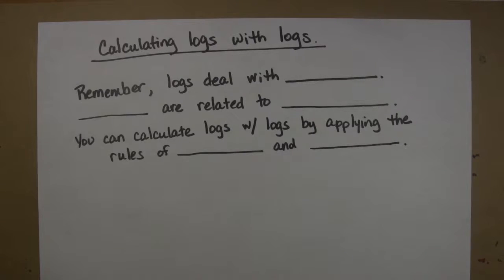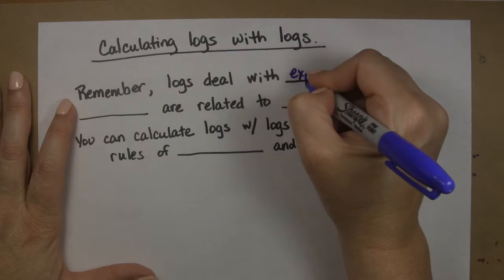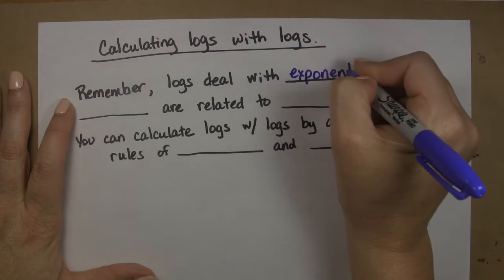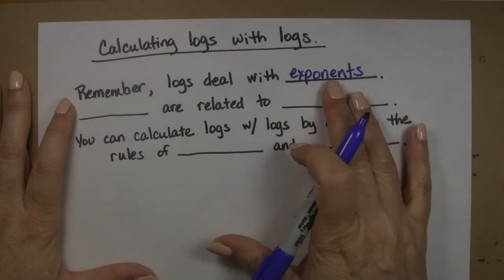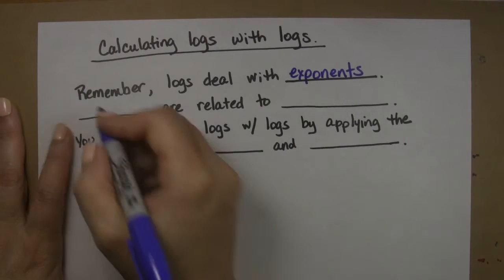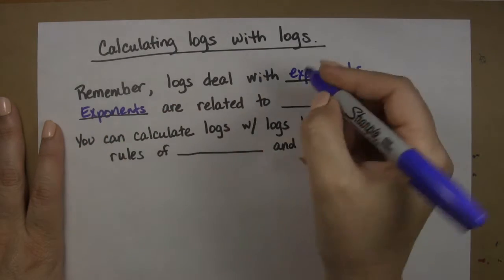Hello everyone, this is a video about how to calculate logs with logs. So remember, logs deal with exponents. That's the whole point of ever using a logarithm, because you're trying to calculate an exponent. And exponents are related to square roots.